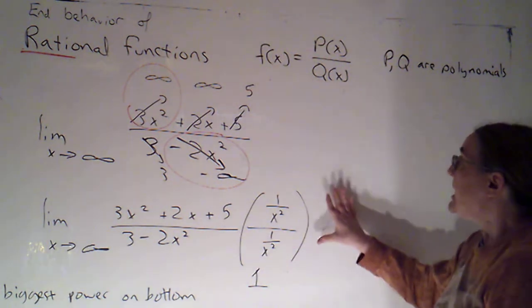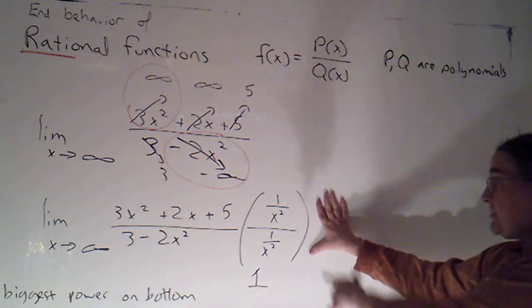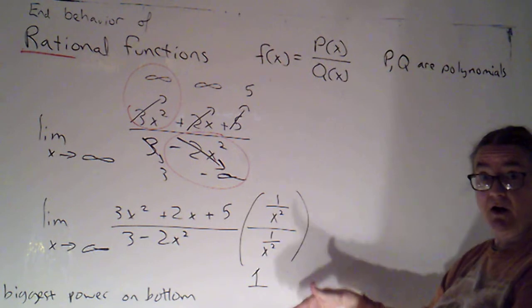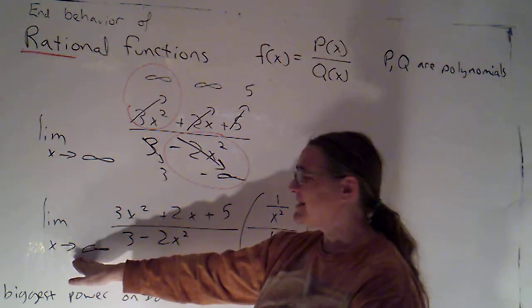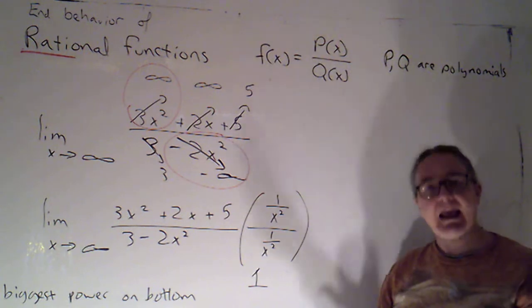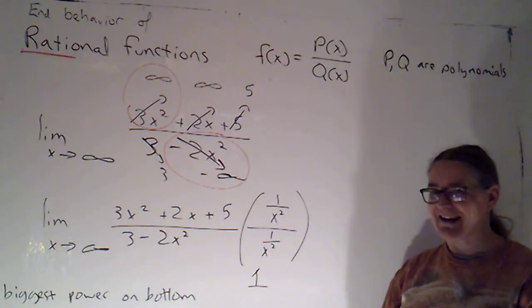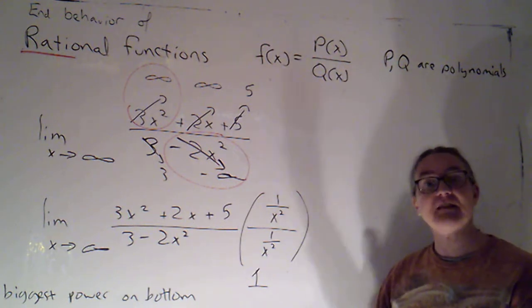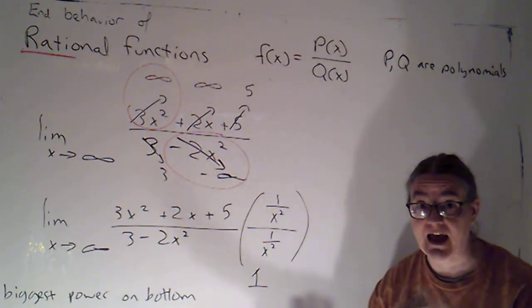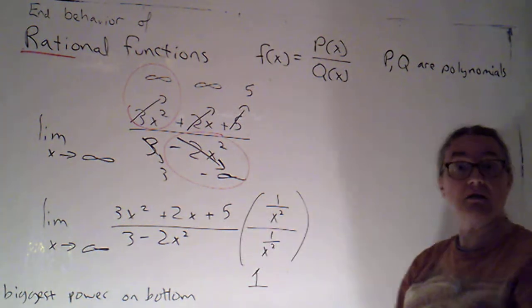Okay. Now, super important. If x was allowed to be 0, this would not be defined. But x is going off to infinity. So this is perfectly fine for end behavior of rational functions. We are not talking right now about limits of rational functions at finite numbers. We already know how to do that. If I'm approaching a finite number, if it's in the domain, I plug it into the function.